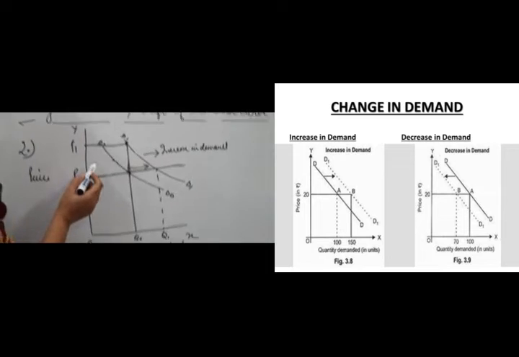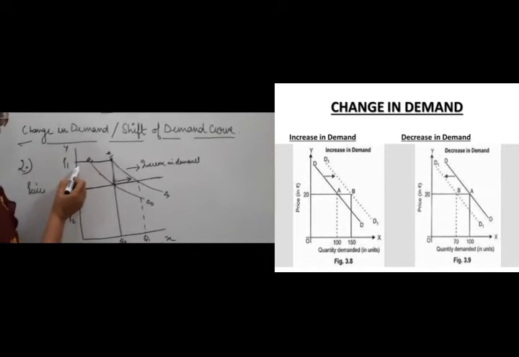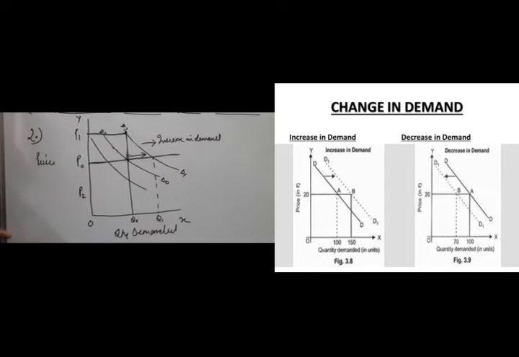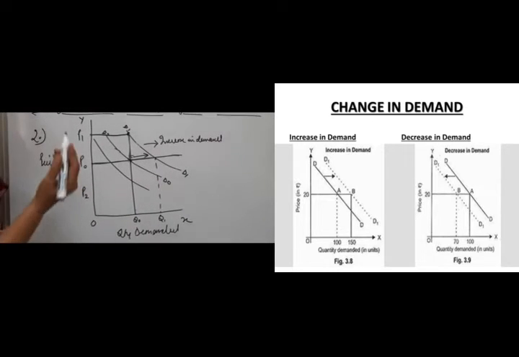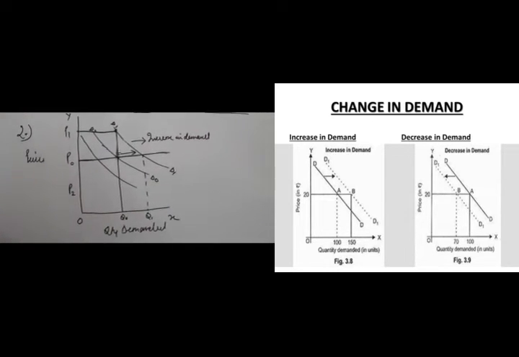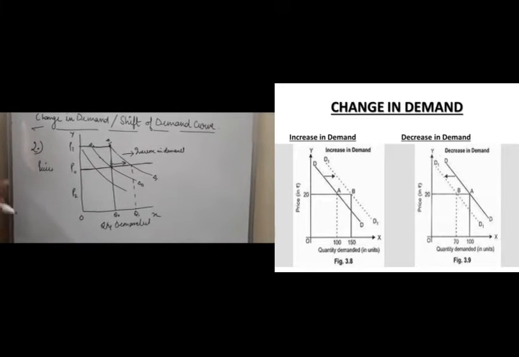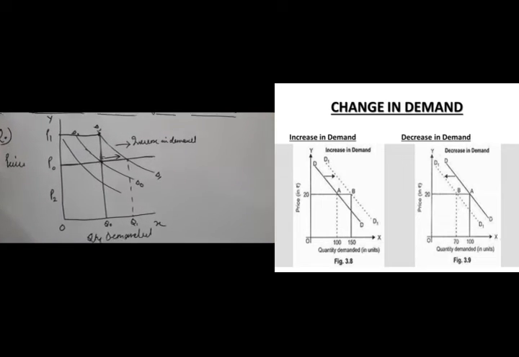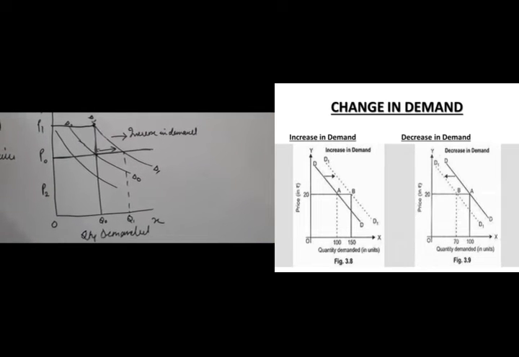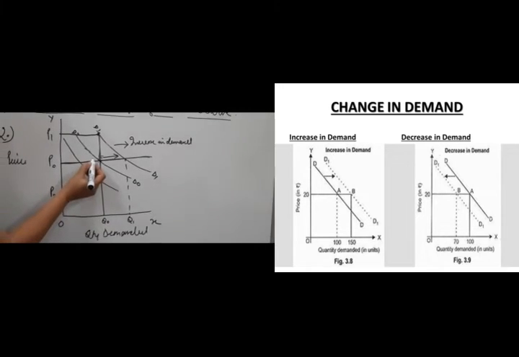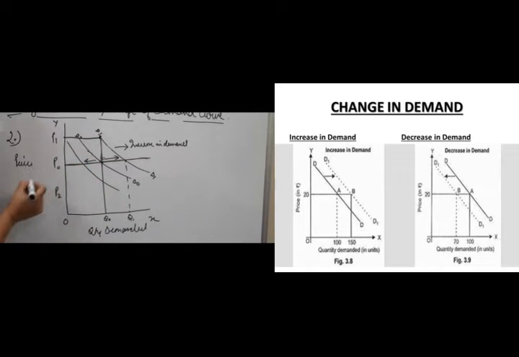Similarly, when the demand curve shifts backward, again for the reasons we have already studied, right? Maybe because of the income of the consumer, maybe because of the taste and preference, population policy, other factors, when apart from price, other factors get executed, there is a decrease in the demand, and resulting the demand curve shifts backward, right?